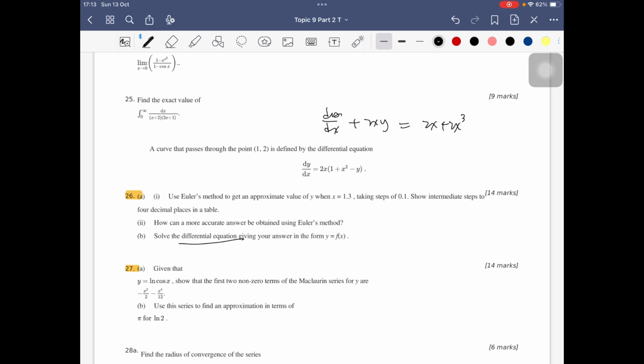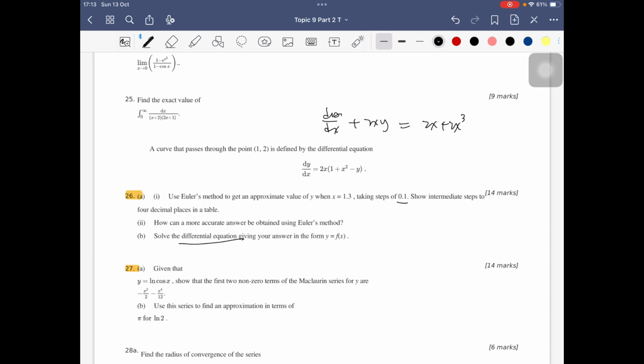Here, actually number 26, I asked you how you can make this a more accurate answer. You can make the step size smaller, like here 0.1, but if you have 0.01, or whatever smaller, then it will most probably give you a better answer.